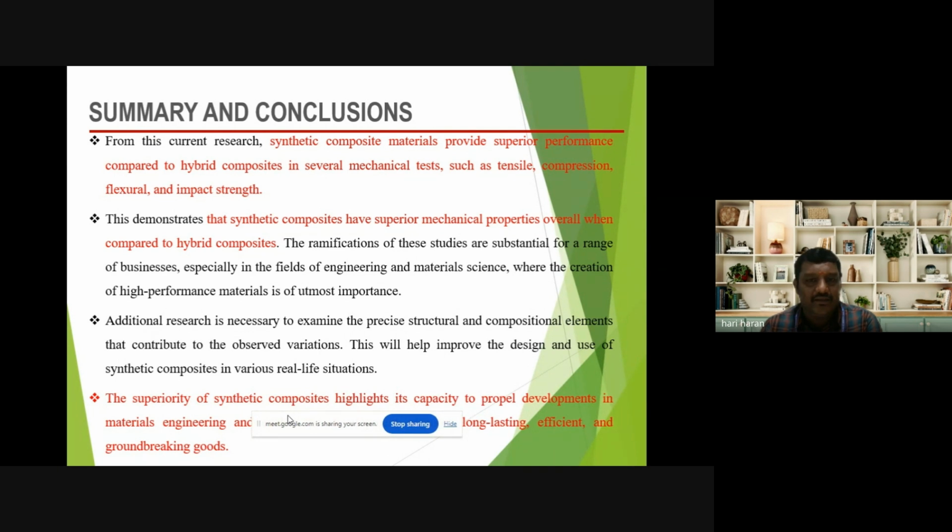By doing this study, we can improve the design and use of synthetic composites in various real-life applications. So from the overall study, the superiority of the synthetic composite highlights its capacity to propel developments in materials engineering, which requires high strength to weight ratio as the predominant factor.